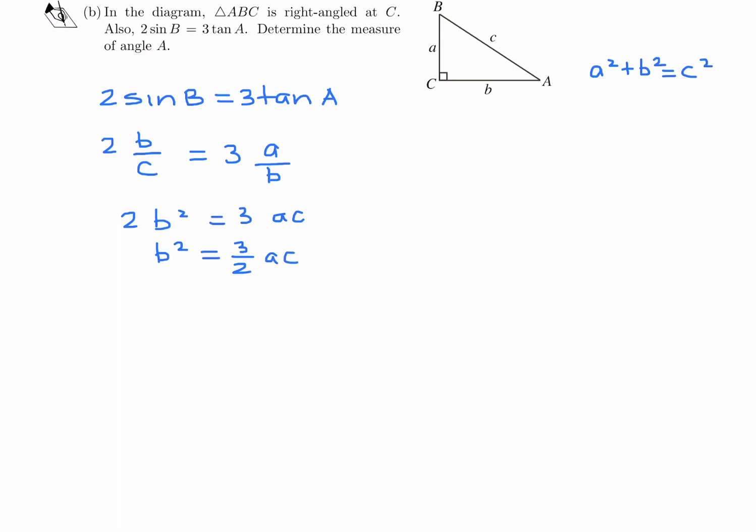Now, once again, as in the previous part, we will use the law of cosines. The triangle that we're going to use it on, of course, is this triangle, but the angle is this angle right here.